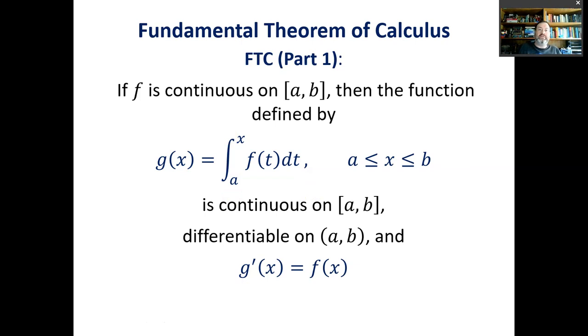That is a slope, right? So if g of x is our area function, the speed that the area changes, or the rate of change of area, is just distance, right? And that should make sense based on what we've done with position and velocity and things like that. But we still have to prove it.